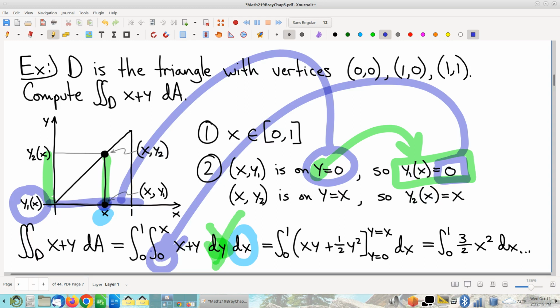Everybody happy? Yeah. How would that be different if you selected y1 being that bound and then y2 being like the highest x value? Oh, you're talking about slicing it in the other order or something.